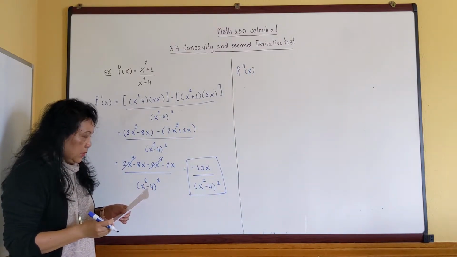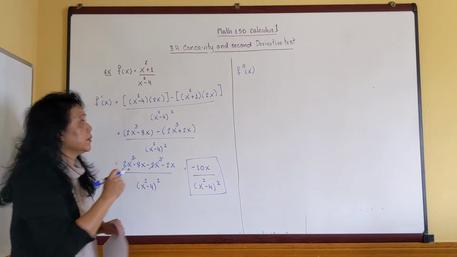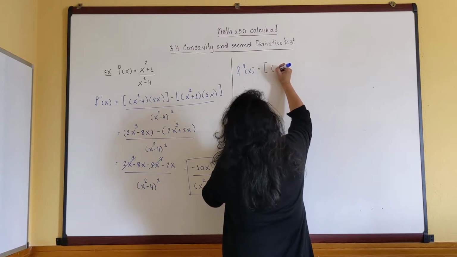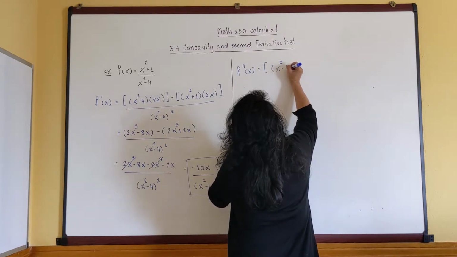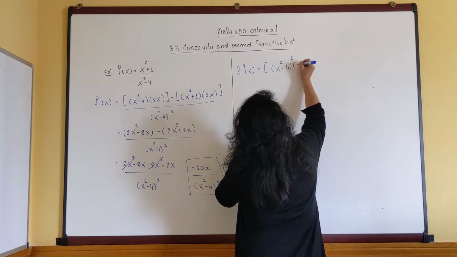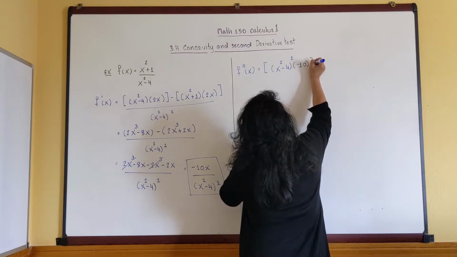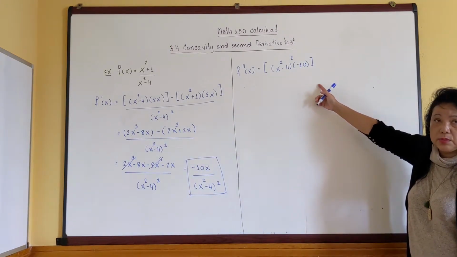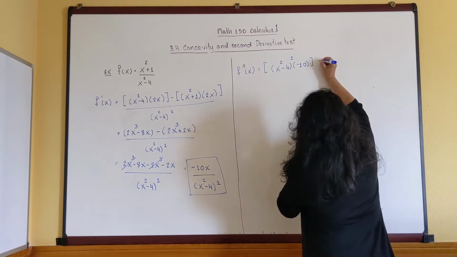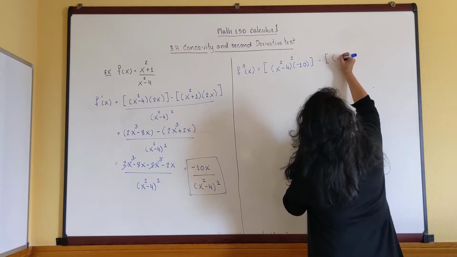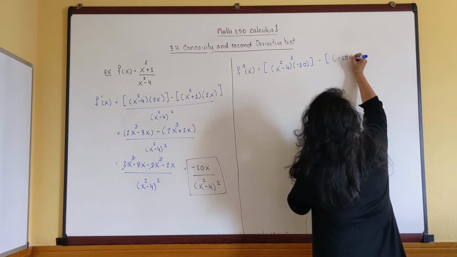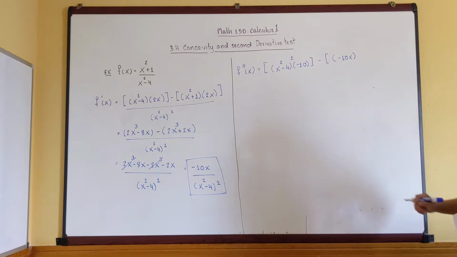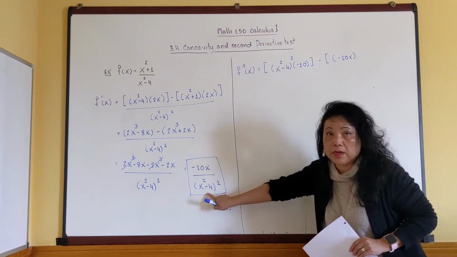I'm going to use the quotient rule again. So I'm going to have denominator times derivative of numerator, minus numerator times derivative of denominator.